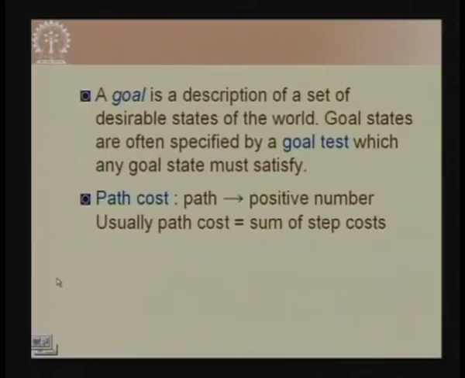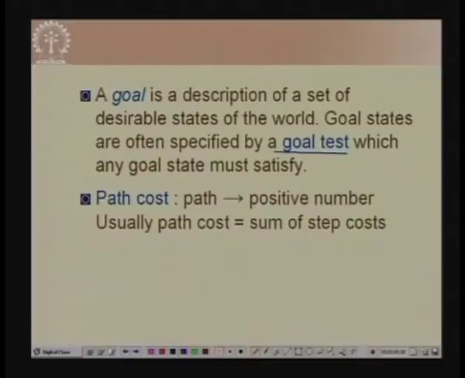A goal is a description of a set of desirable states of the world. Goal states are often specified by a goal test. So, we can say that any state which satisfies the goal test is a goal state.